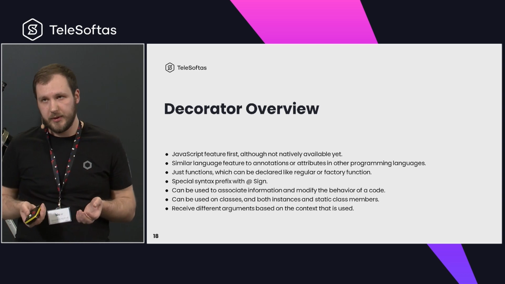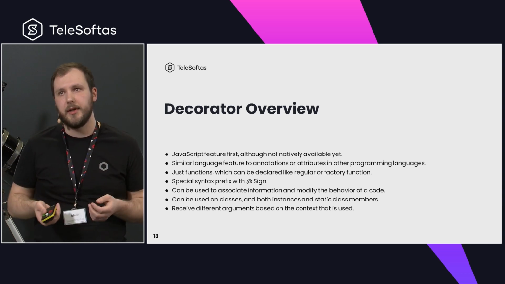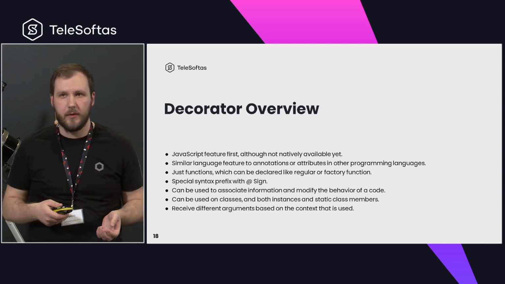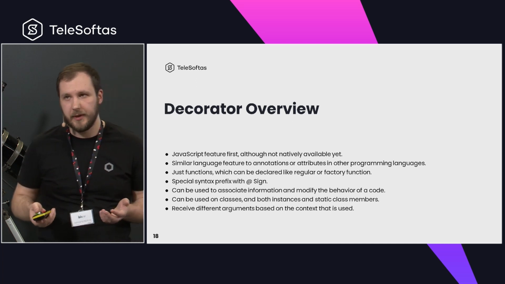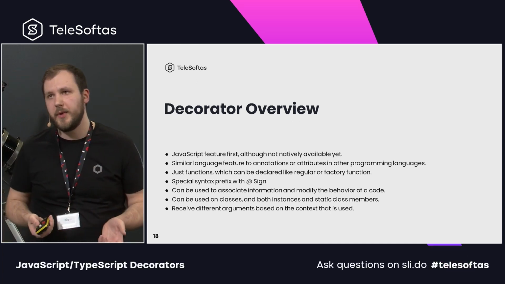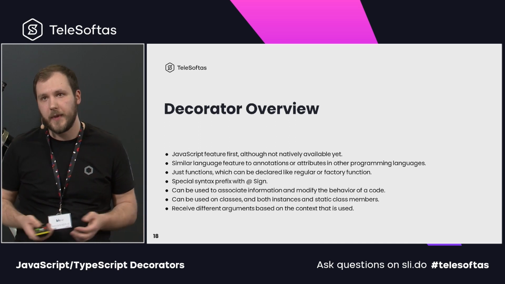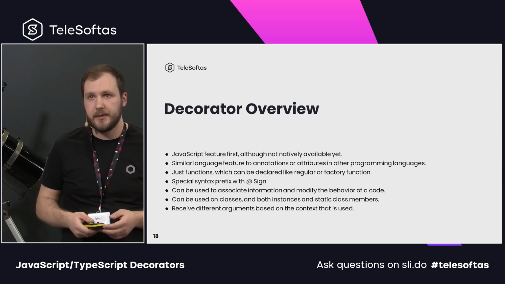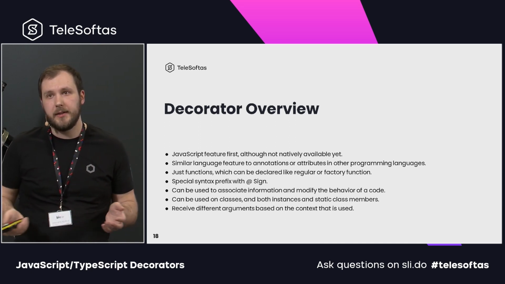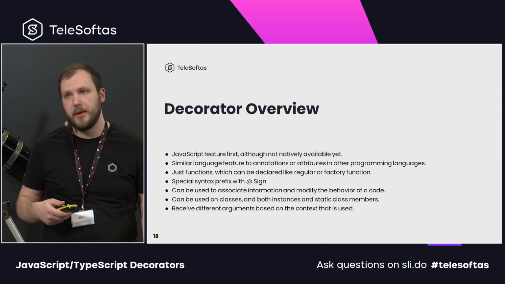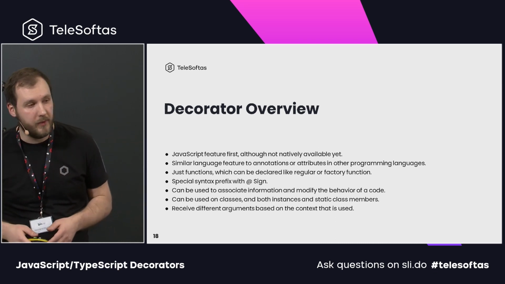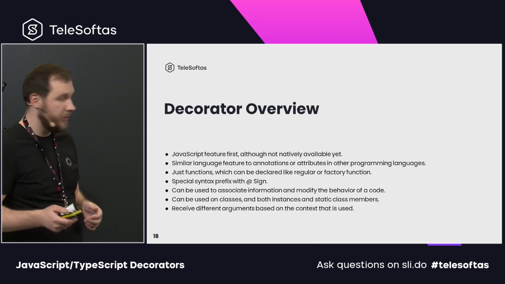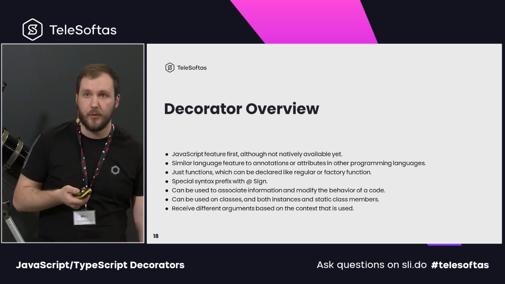They are just functions, and they also can be declared as factory functions. They are called with a special @ prefix and can be used to associate information and modify the behavior of code. They can be used on classes and class members. And lastly, they receive different arguments based on the context that they decorate. I will now go deeper into each type of decorators and will show you a couple of examples.